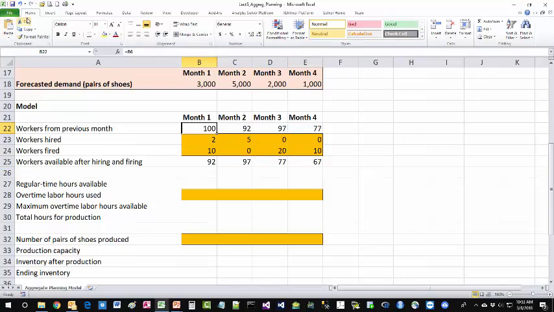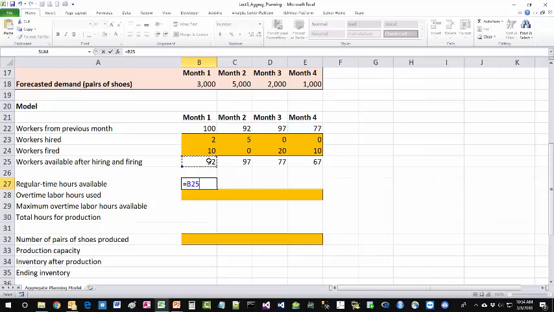Okay, next we then calculate the total regular time hours available based on the number of workers available in that row, that was calculated with this worker hiring and firing balancing we just did.